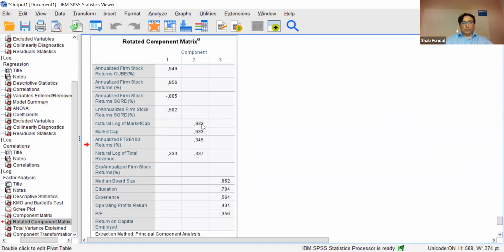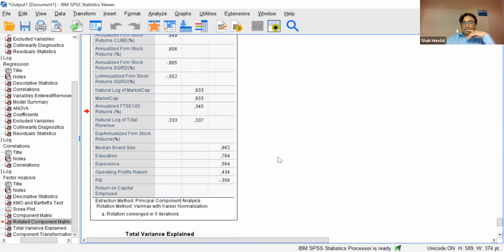And here, please assume that the market cap and the natural log of market cap are not the same. In component 2, this market cap is not market cap, but something else. Okay, so please assume it. In factor 3, you don't have to assume anything. They all are different variables, so it's perfectly clean.